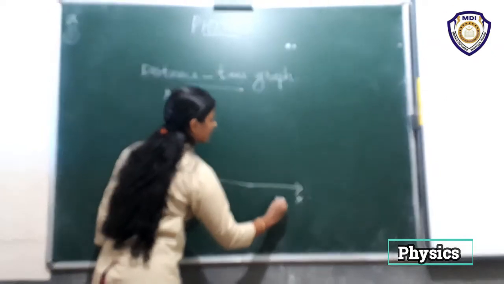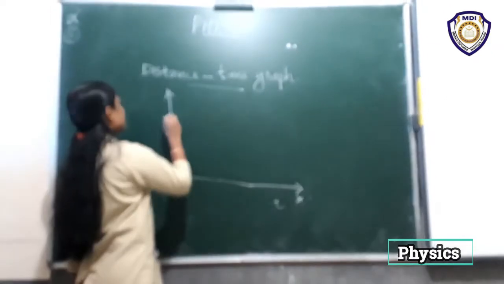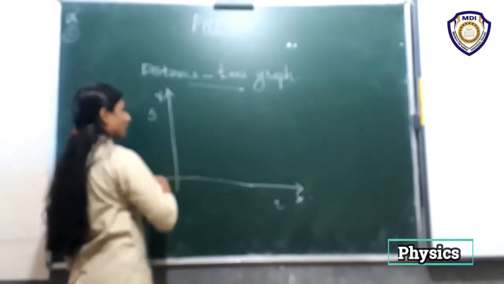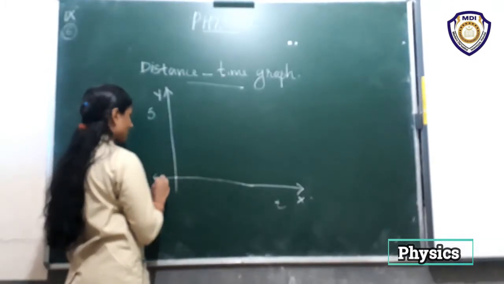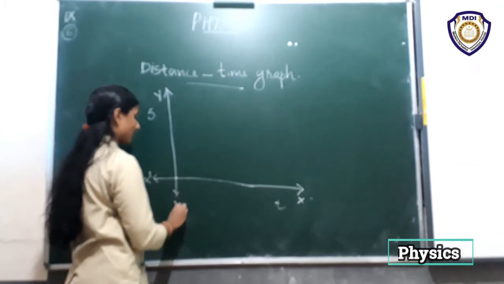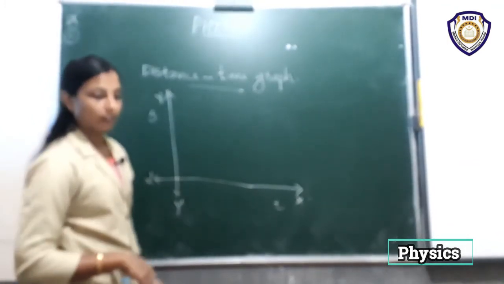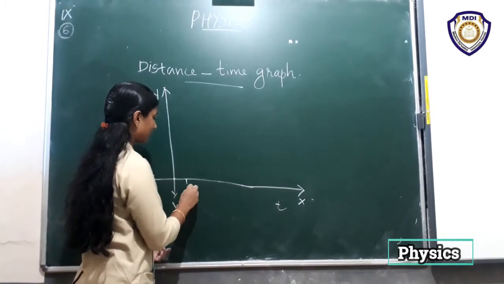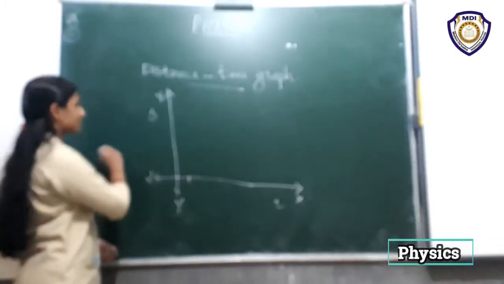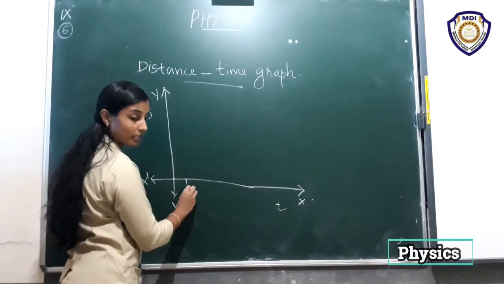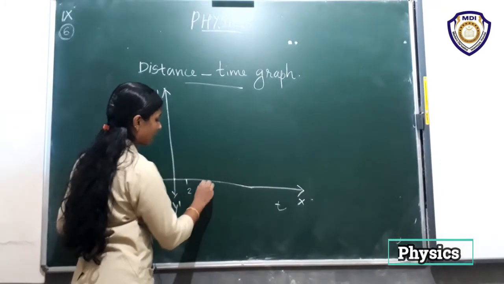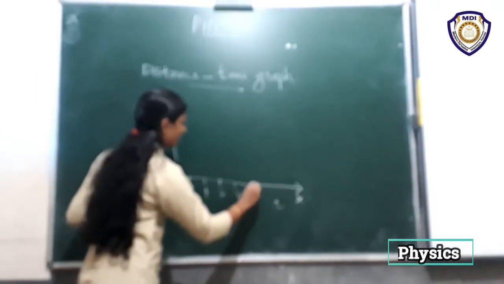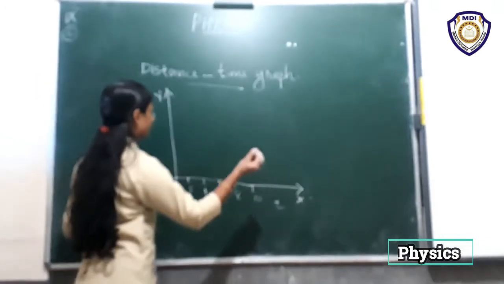This is the x-axis. Here we take time, and this is the y-axis. Here we take distance s. This is the origin, this is x dash, and this is y dash. So here we have the scale. On the x-axis, one unit is 2 seconds, then 4 seconds, 6 seconds, 8 seconds, 10 seconds, like that.